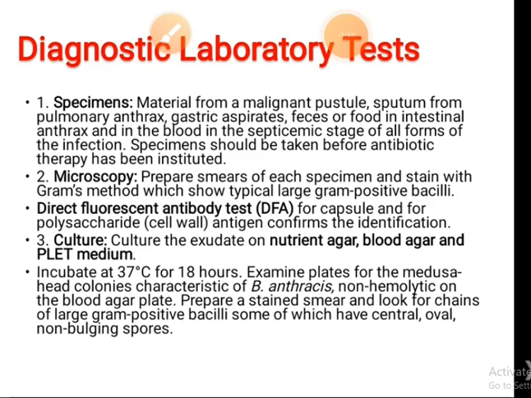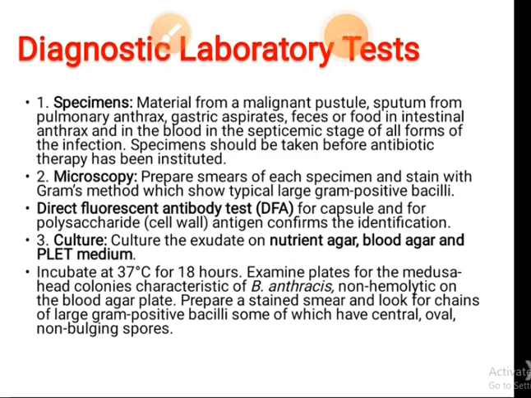On nutrient agar, they give the characteristic large, irregularly shaped colonies with a frosted glass appearance, and the edges of the colony are irregular with a medusa head appearance. On blood agar, the same growth, but they are non-hemolytic. On blood agar, the pathogenic species is non-hemolytic.